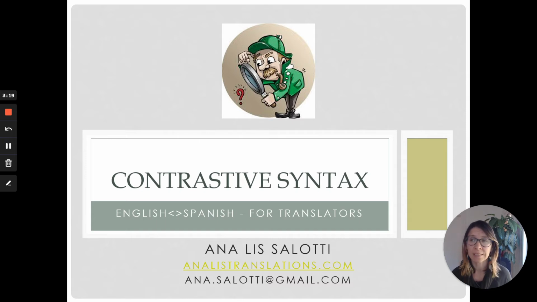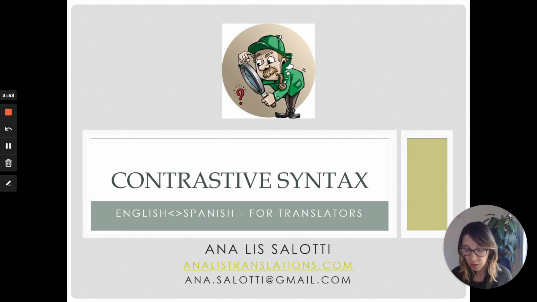For example, we're going to see what a subject is, what a predicate is of a sentence, and where each of them starts and ends, and why this is very relevant to translators, where an additional comma is needed, where that additional comma may be incorrect in your target language, and also why that comma is actually giving you meaning in the source language that you need to transfer into your target language.